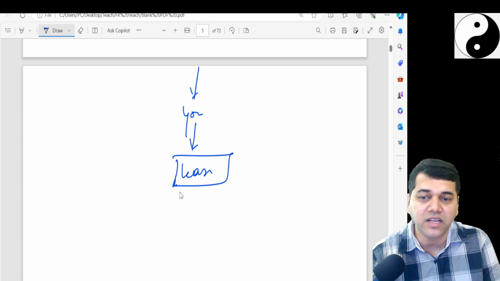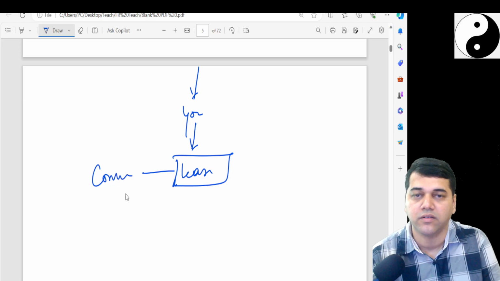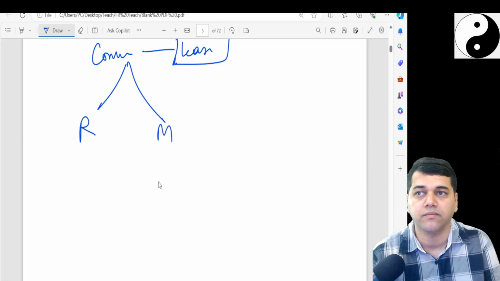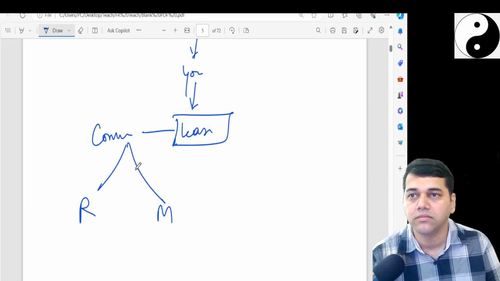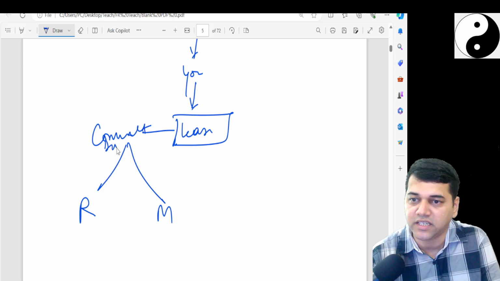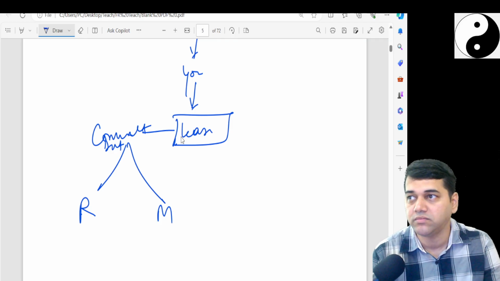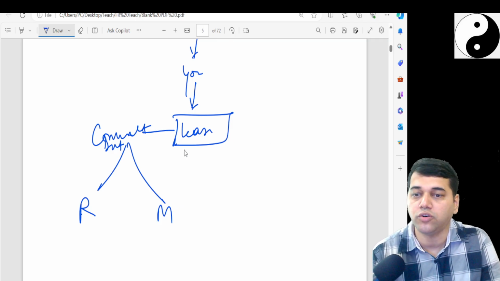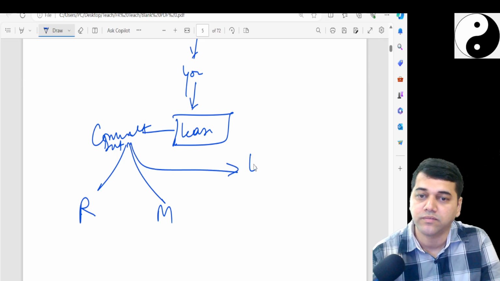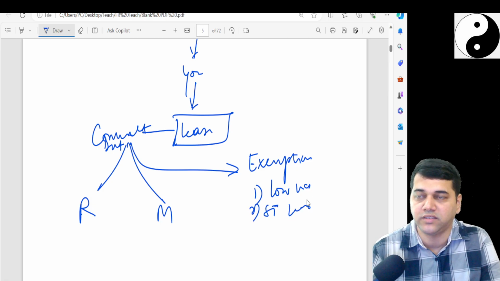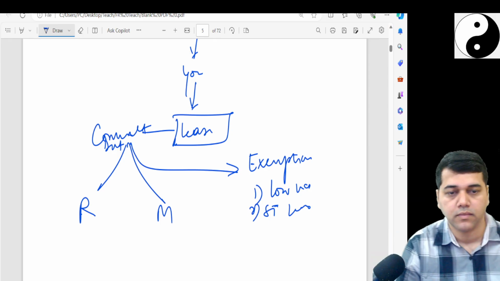That means on the commencement date I need to do two things: recognition and measurement. Should I do it for all? No. There is one exemption given to me. What is that exemption? One, low value items. Second, short term leases. These two items I need not recognize.